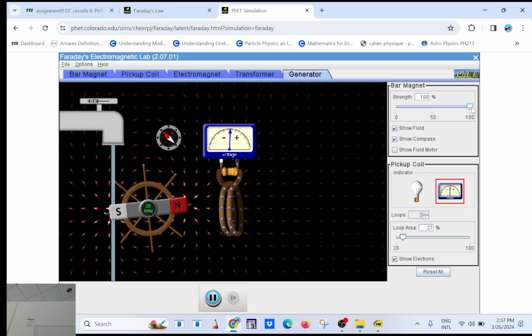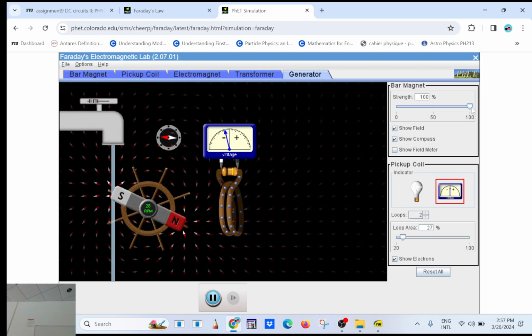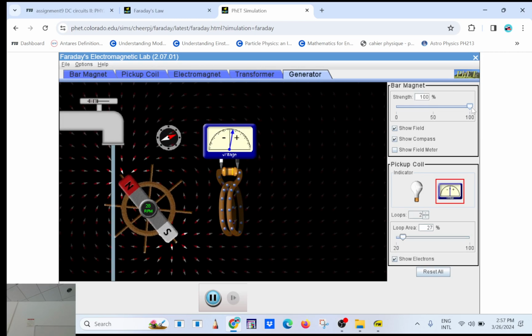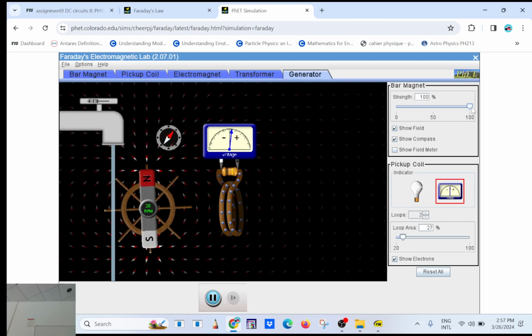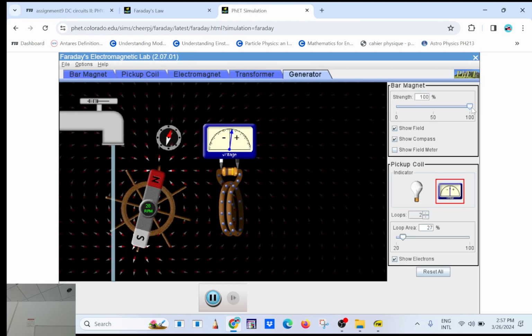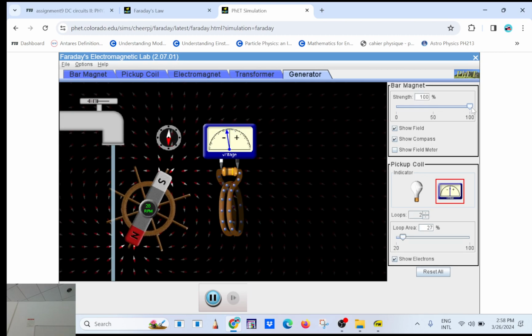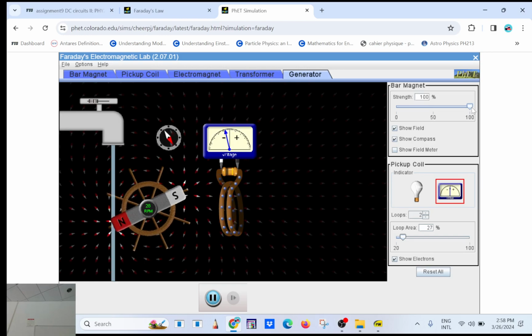So this is how we induce electricity. You have to imagine a flow going through this area attached to that, and if the flow is changing with time, that's when we have an induced current and induced EMF.